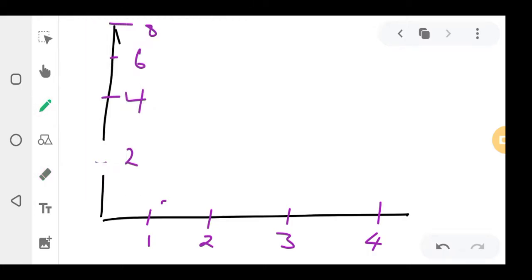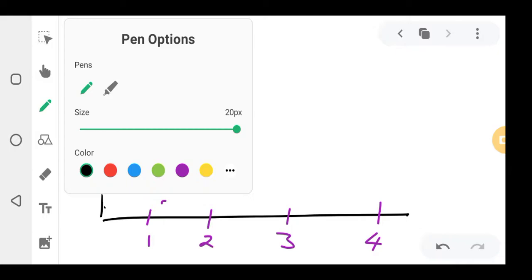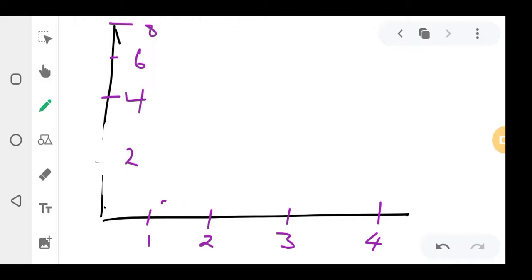I'm not drawing that line properly. So this line goes from there up to down. So there it's 2, there is 4, 6, 8.